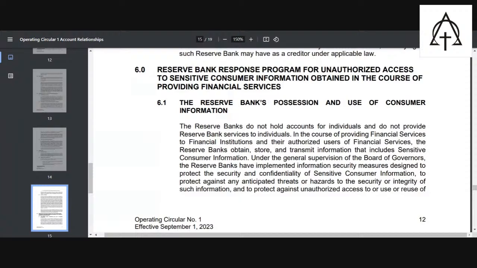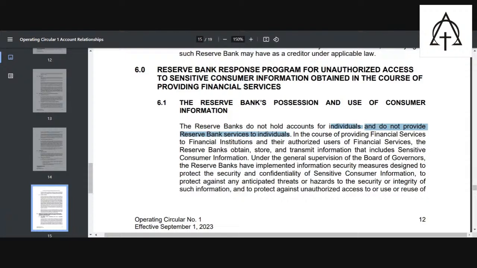The reserve banks do not hold accounts for individuals and do not provide reserve bank services to individuals. The administrative reserve banks provide administrative services to individuals. In case you don't understand, being organized under the laws of the United States and not being organized under the laws of the United States, and therefore needing to be administrated.